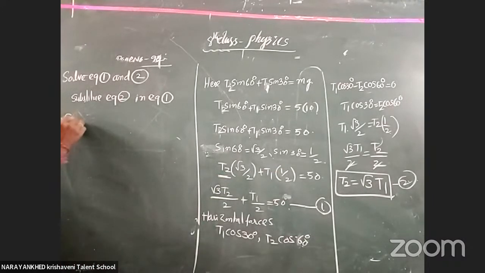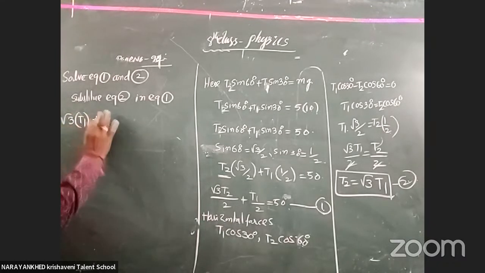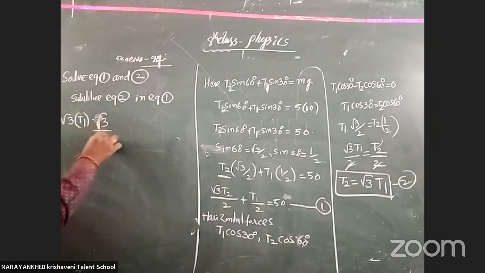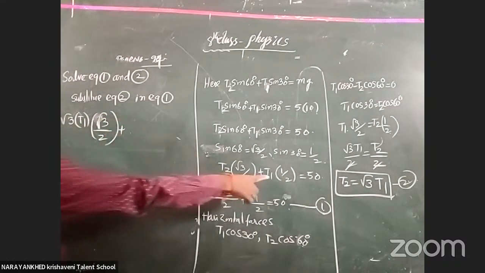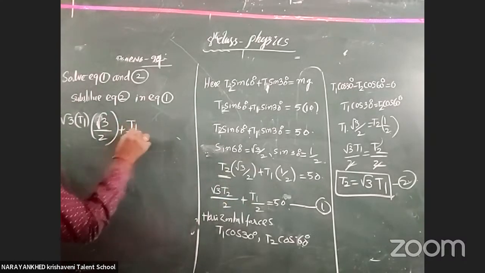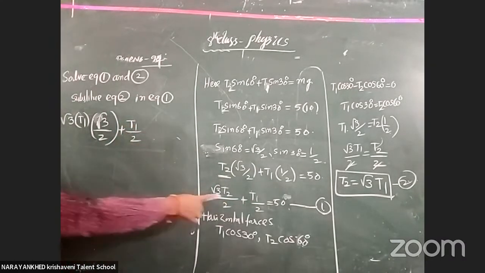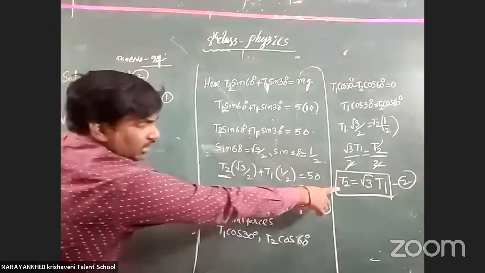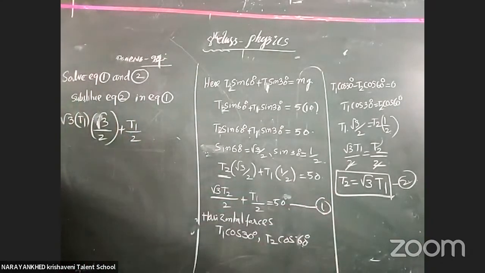Clear or not? Root 3 into T1 into root 3 by 2, plus, same, T1 by 2. In the place of T2, I have written root 3 into T1.